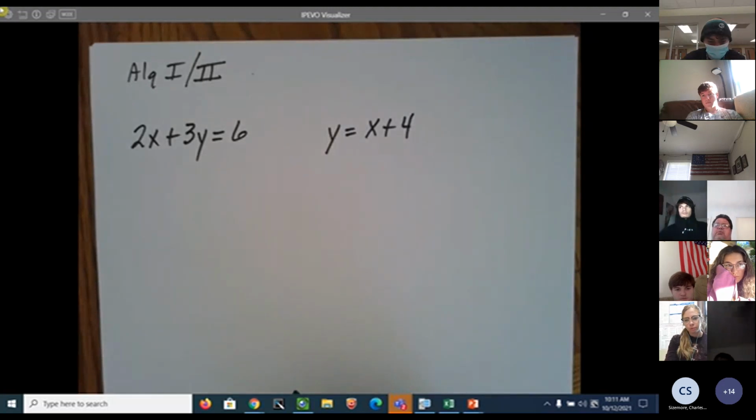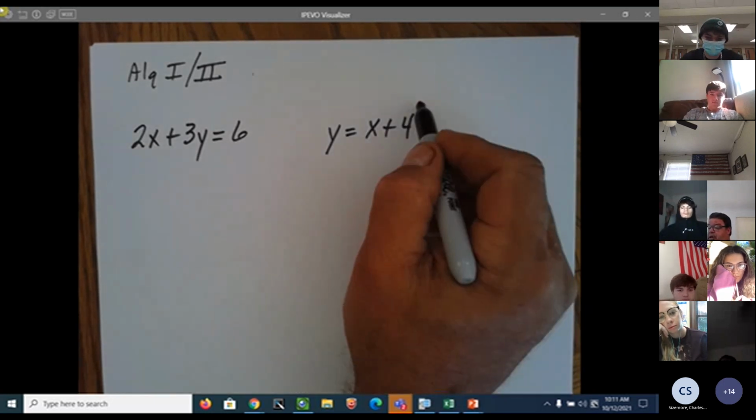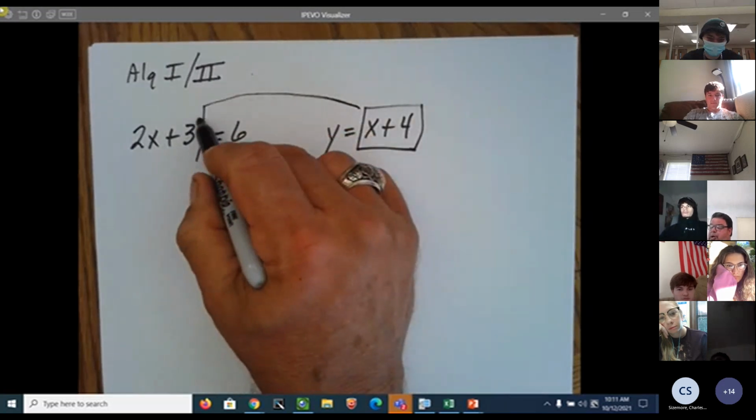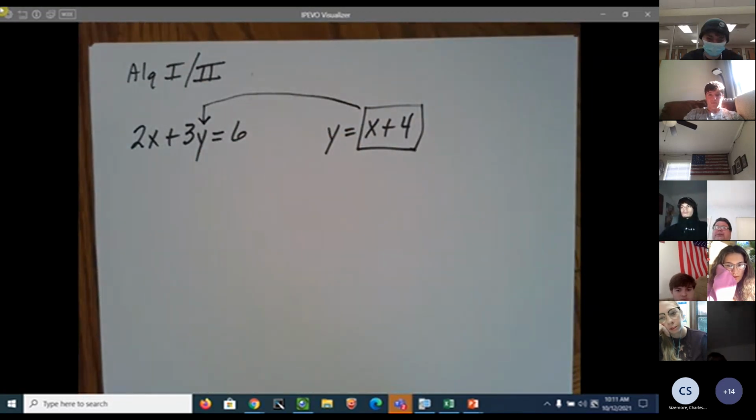Anybody want to take a guess? You'd plug in. Plug in x plus 4 into what? Y. Does anybody know what that's called? Starts with an S. Substitution.